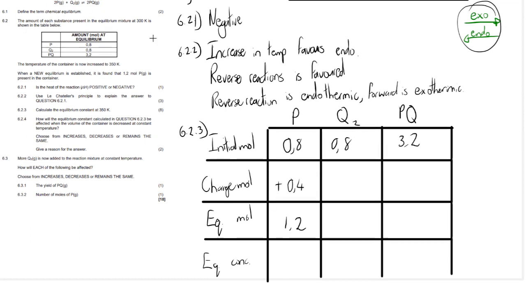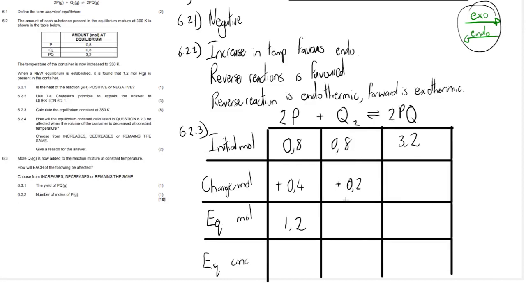I need to now just go have a look. What is this ratio? It's a 2 to 1 to 2 molar ratio. And so if 0,4 of P has been created, that was the change, we will have half of this.